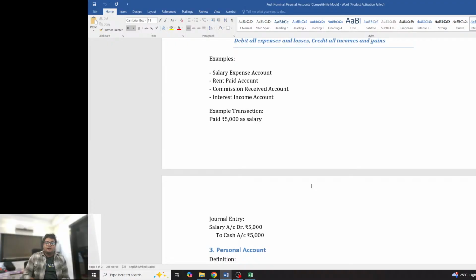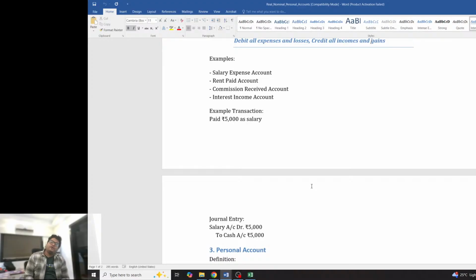So for example, you hired a person and you are going to pay a salary of 10,000 rupees. Salary account is a nominal account. We have to pay it, it's an expense, so we are going to debit it. So salary account debit will be 10,000. And what are we paying with? Cash or bank, or are we just crediting it?